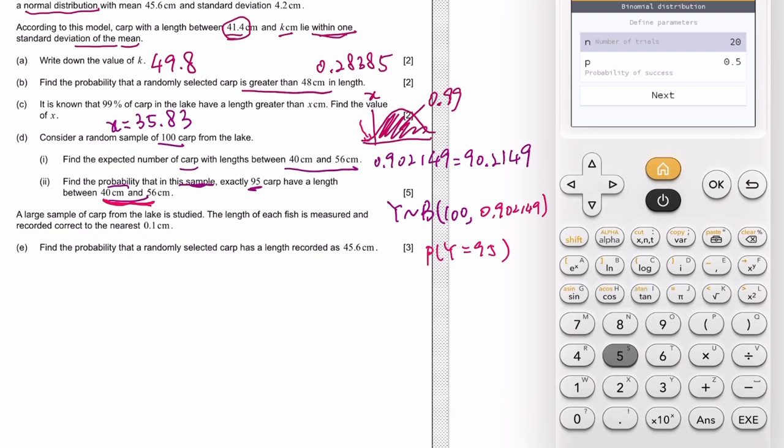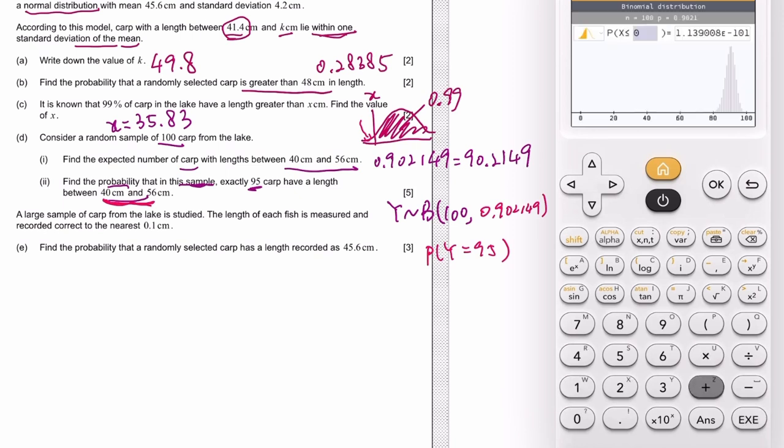Number of trials 100, success probability 0.902, 95. Then you get 0.0381.